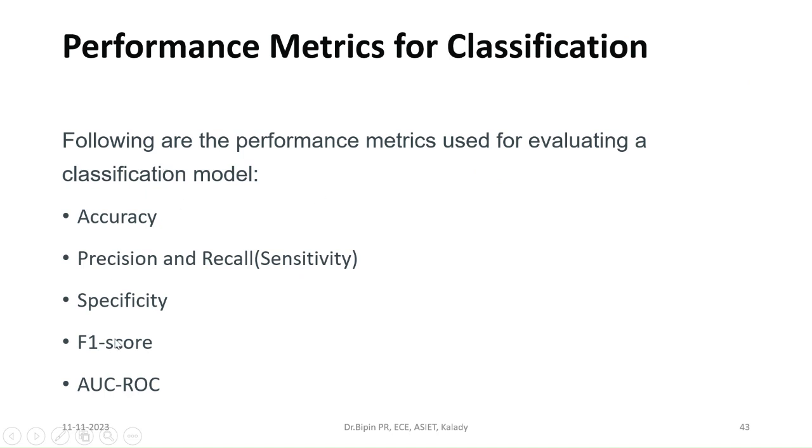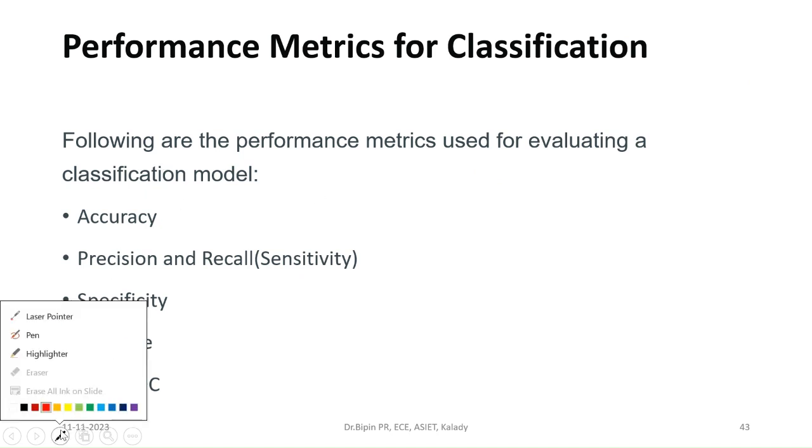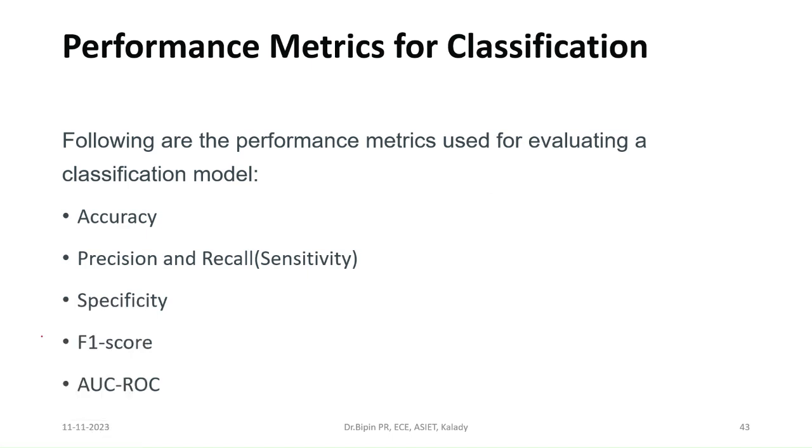Okay, so these are the performance metrics: accuracy, precision, and recall. Recall is also known as sensitivity, then specificity, then F1 score, then area under curve, AUC, receiver operating characteristics, ROC.